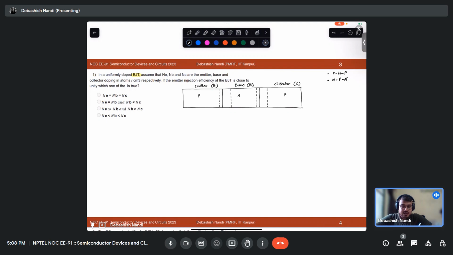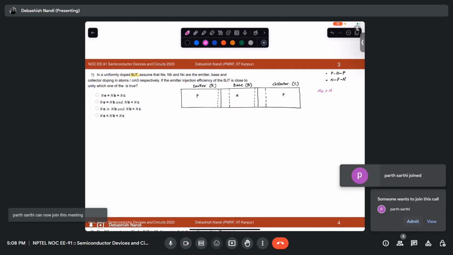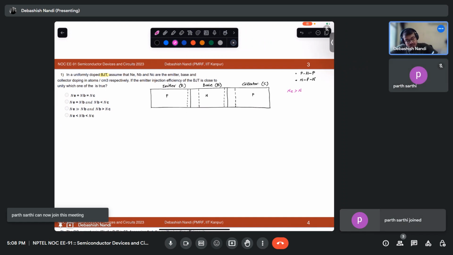Why did I draw the depletion width in the emitter side smaller and the base side larger? The reason is that Ne is generally greater than Nb, which is greater than Nc.